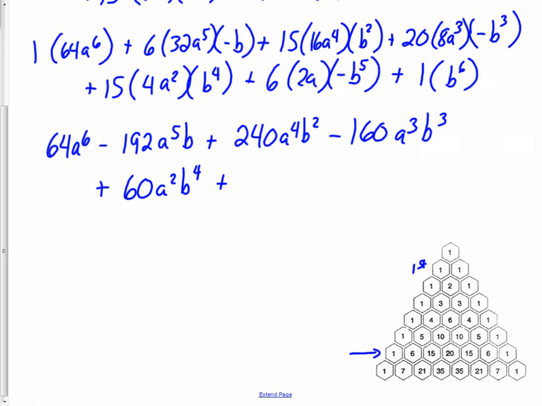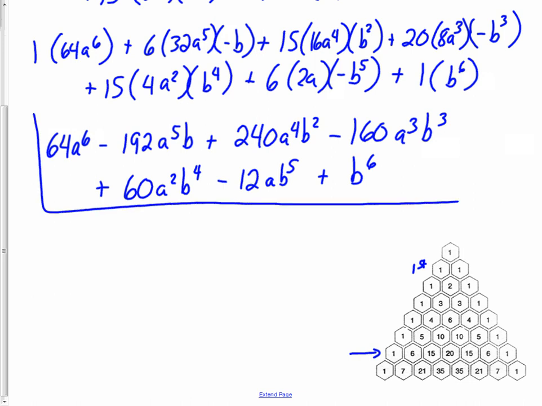And then 6 times 2 is 12 times negative 1 would be negative 12, a b to the 5th, and then b to the 6th. And this is what you end up with when you have 2a minus b raised to the 6th power when I expand that binomial using Pascal's triangle.